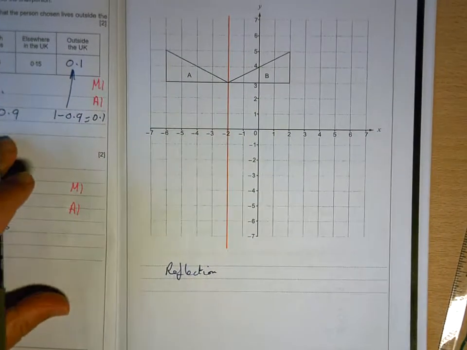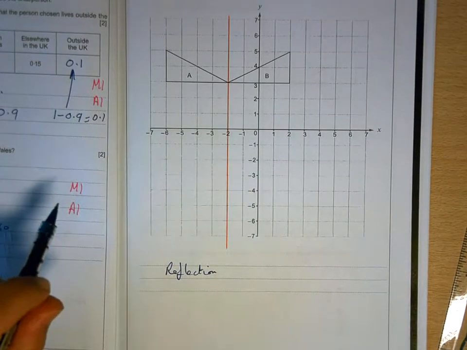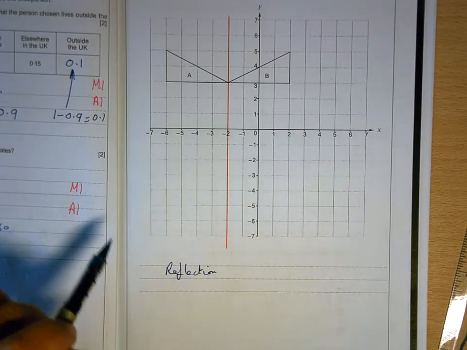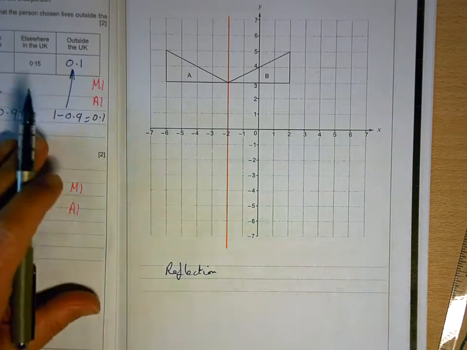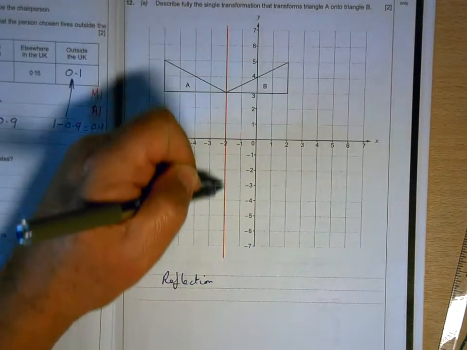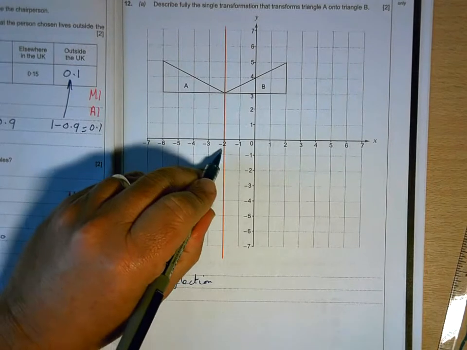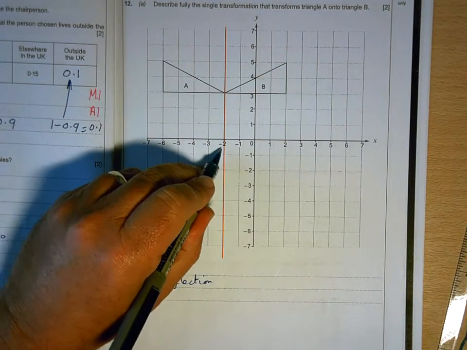And then to get the second mark, you need to describe where the mirror is placed. Now this mirror is placed here, and here is going through the x coordinate -2.